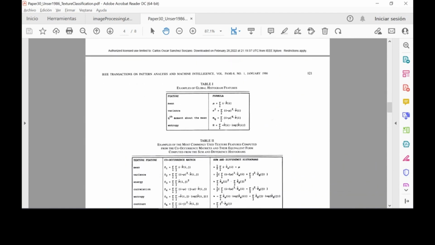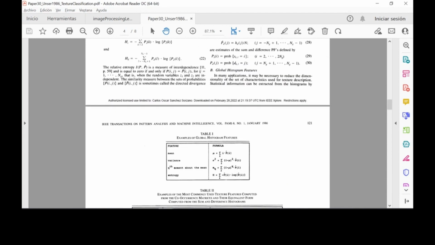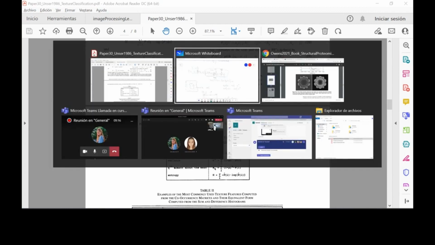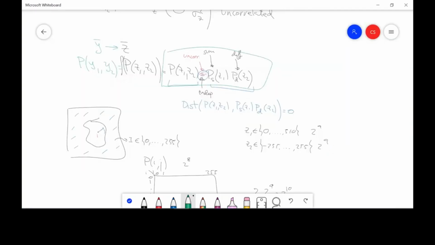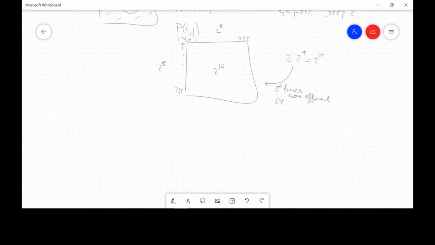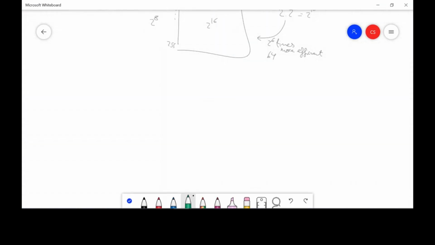And at some point, you will have to classify. You will take a texture image, and this process has two phases, which is important to understand. The first phase is learning.